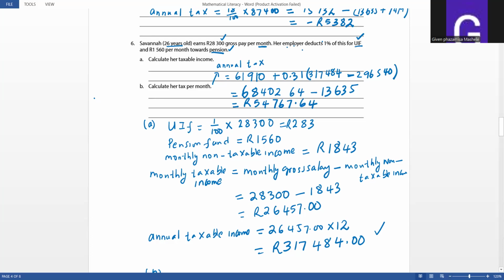So it means we want the monthly tax. We take the annual tax, which is 54,767 rand and 64 cents, and we divide this by 12. This will give us an amount of 4,563 rand and 97 cents.